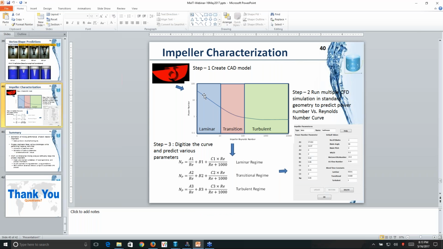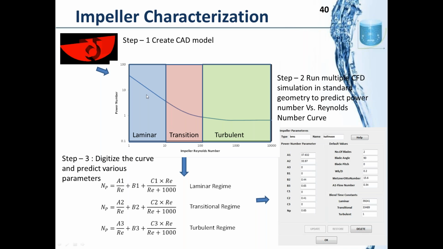So, for example, there is a new impeller and there is no data available in terms of the power number and flow number for that impeller. The user can add that impeller model in Mixit, perform a few CFD simulations to generate this curve, digitize this curve using this equation, estimate these constants, and then feed these constants in Mixit, and then you can use correlations as well to get a quick estimation of the mixing parameters or the scale up or scale down parameters.